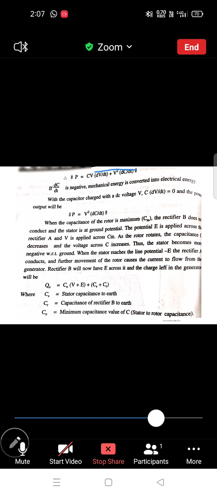Now if dC/dt, the change of capacitance in terms of time, is negative, mechanical energy is converted into electrical energy. With the capacitor charged with a DC voltage V, C dV/dt becomes 0, and the power output will be given as V square dC/dt.